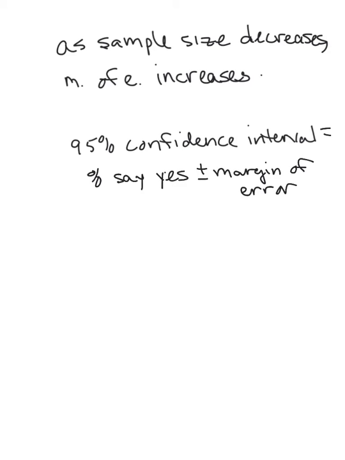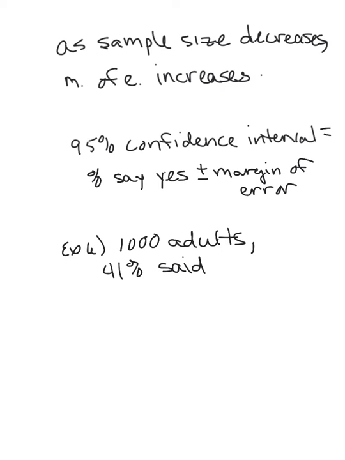On example 6, we are told that there were 1,000 adults asked the question of whether they dreaded going to the dentist. 41% said yes to this. We are asked to find the 95% confidence interval.